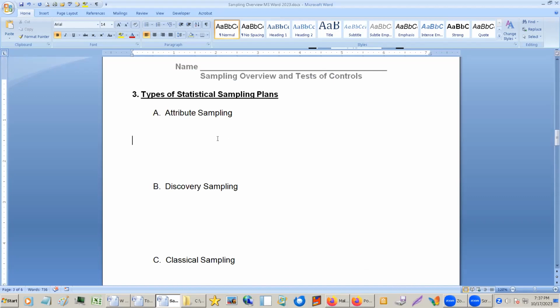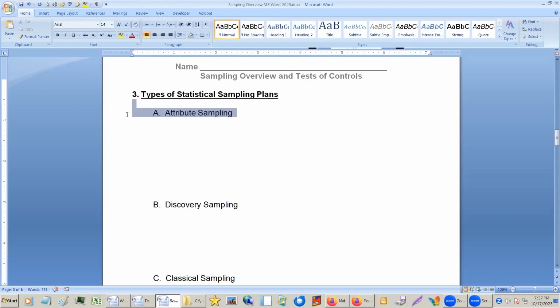Types of audit sampling. Attribute sampling. Attribute sampling is generally done for tests of controls. It's actually important. By the way, I'm going to highlight this one.